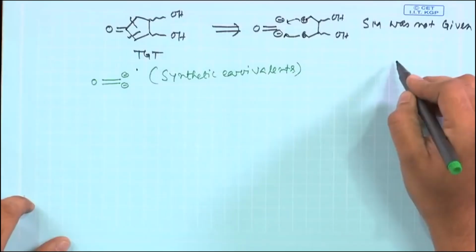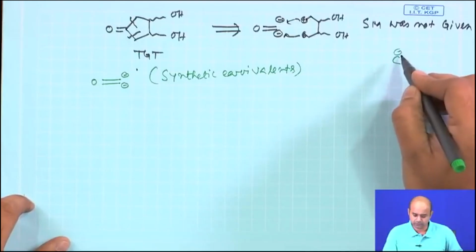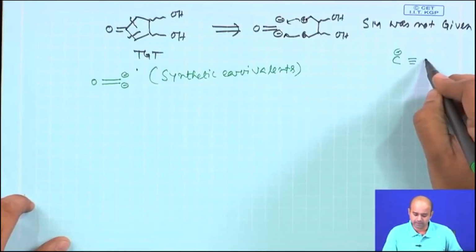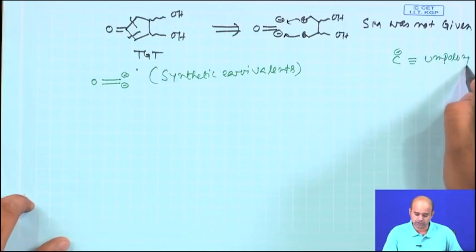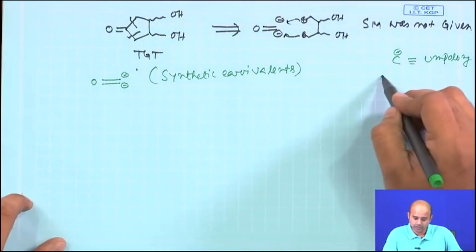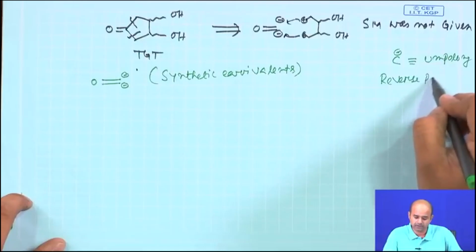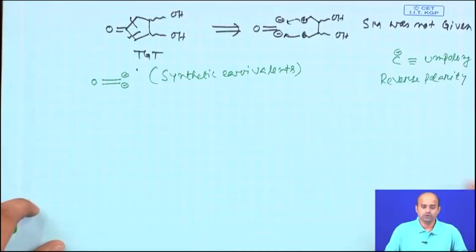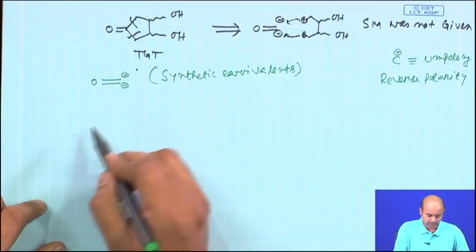In reality we all know that carbon negative charge means the polarity has been reversed, and these species are normally named Umpolung species, where the usual charge on carbon, which seems to be positive, has been reversed. It is called Umpolung, the German name, or reverse polarity. We will try to explore how this kind of species will give you a suitable disconnection.